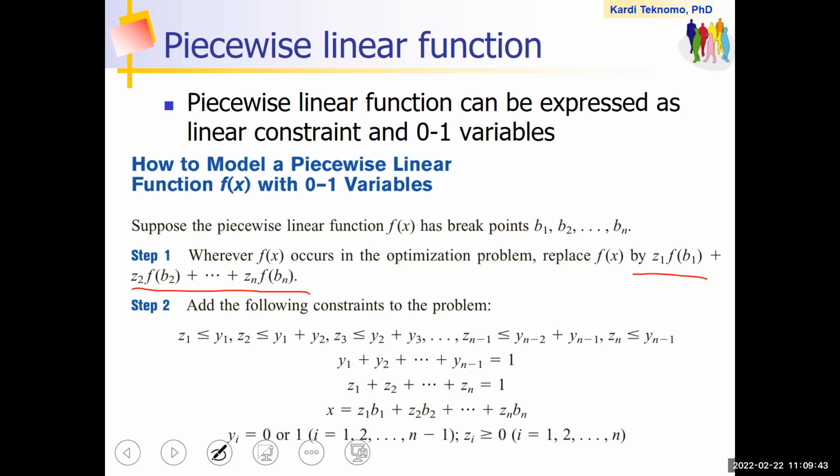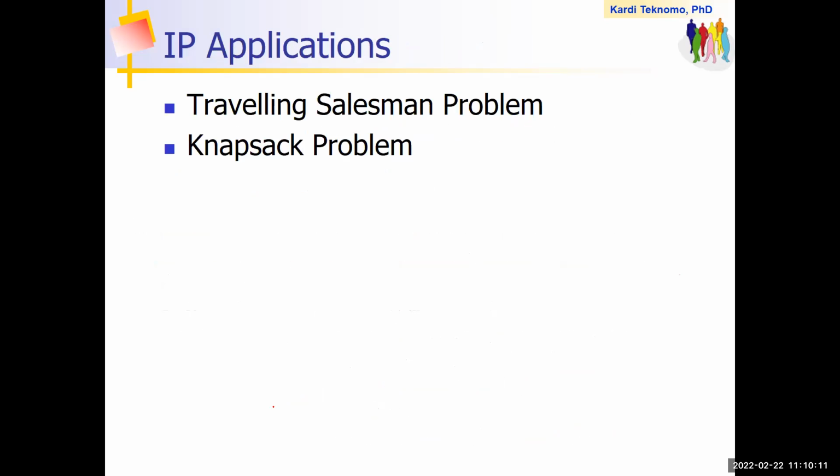And then the sum of y is equal to 1, the sum of z is equal to 1, and then x now is a linear combination function, and the y is actually 0 and 1. So this is how you will solve constraint with piecewise linear function.